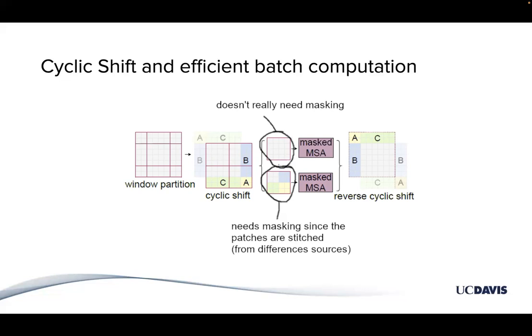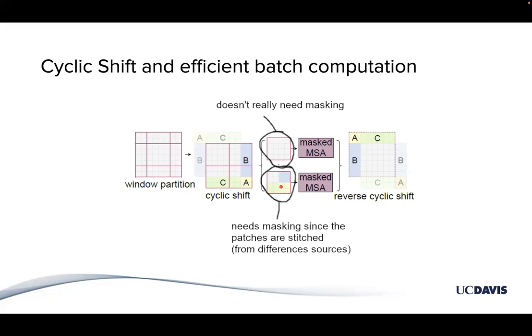After this shift, we have to calculate attention. For this window there is no need for masking anything because it's the same. But here, these patches belong here, and this B comes from here. So while doing the self-attention computation, they mask these patches.